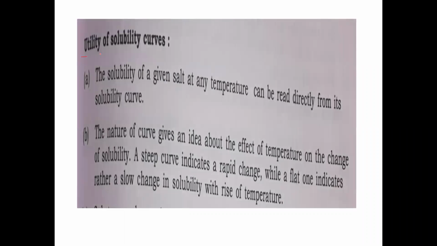Now the next concept is the utility, meaning usage, of solubility curves. Yesterday we discussed solubility versus temperature graphs. In the case of some salts, the solubility increases when temperature increases. In some other cases, solubility remains nearly the same as temperature increases.